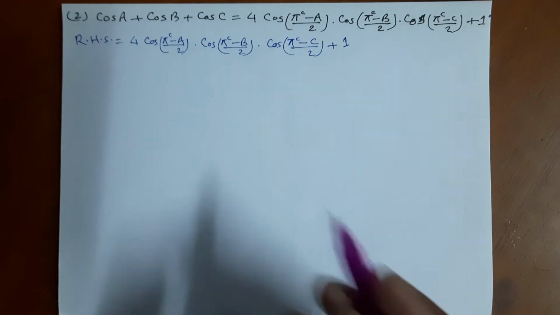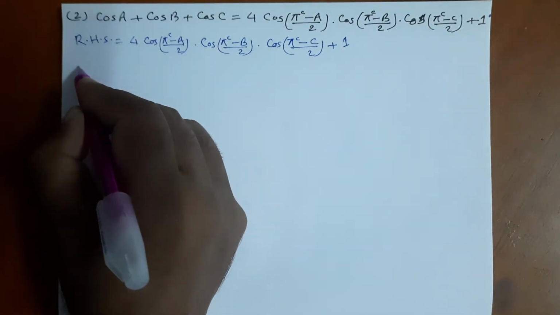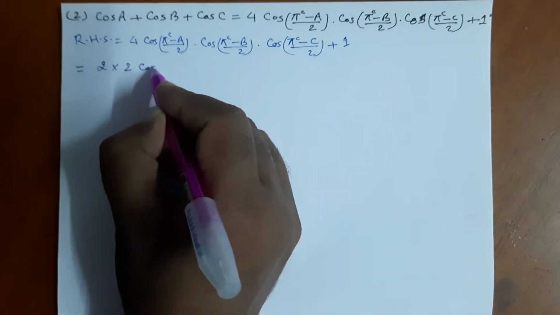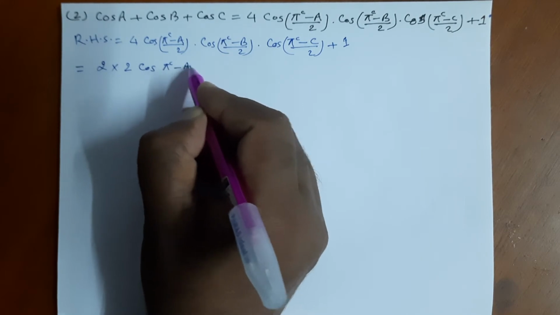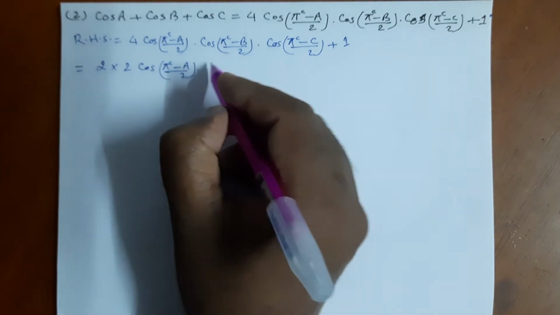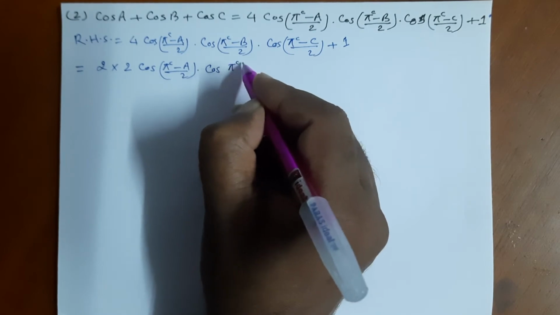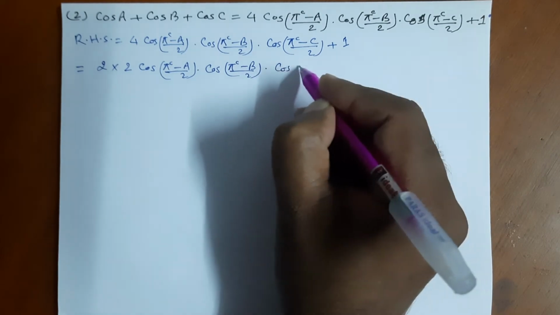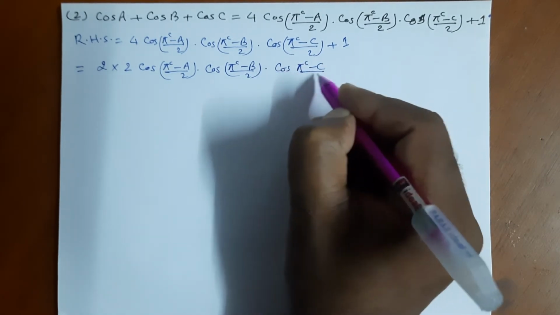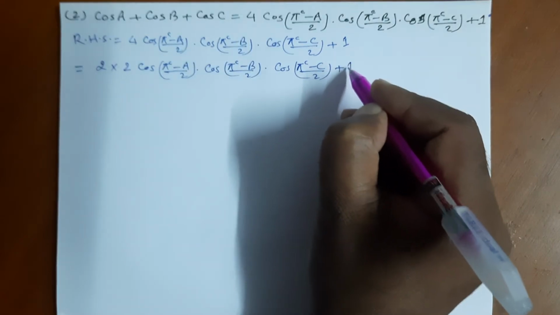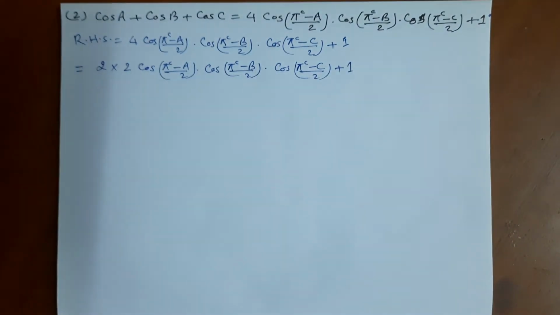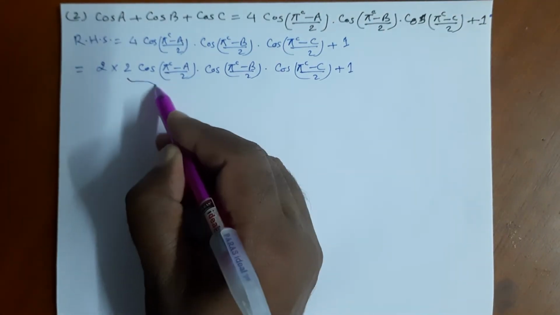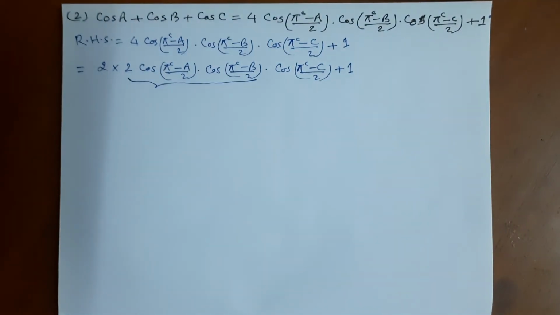Now this equals, we can write, 2 times 2 cos (pi radian minus a)/2 cos (pi radian minus b)/2 and cos (pi radian minus c)/2 plus 1. We can write it this way, and so we can use here the 2 cos a cos b formula.